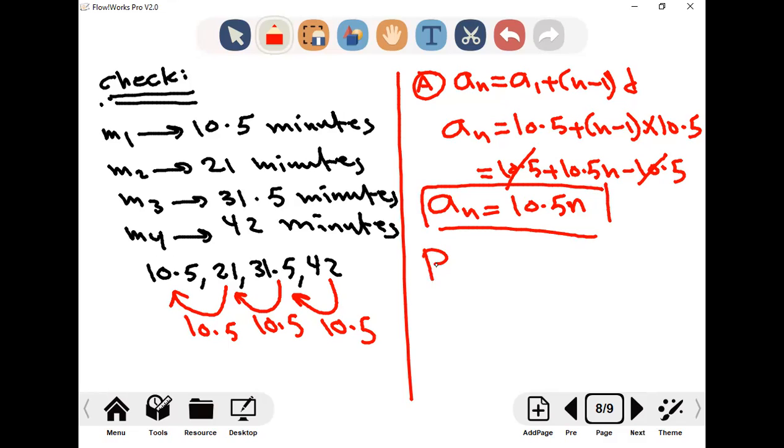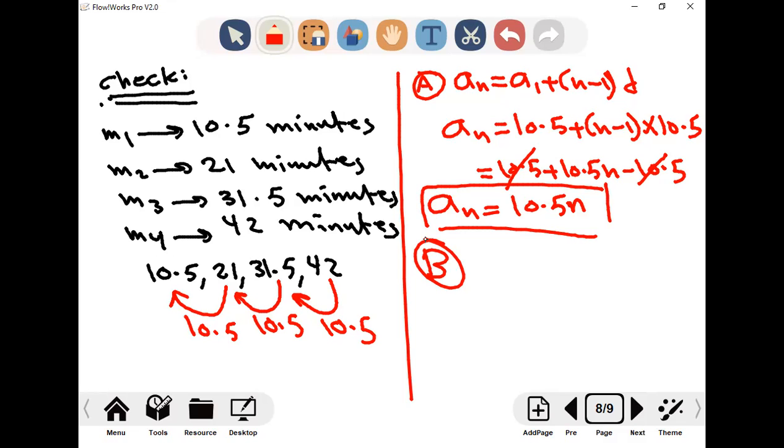Part B, what do they want? So n is how much? Notice that m1 is mile 1, the first mile, m2 the second mile, m3 the third mile, and so on. They want us to find mile number 26.2. So in place of n, I will replace by 26.2.